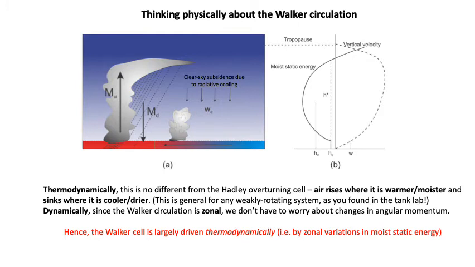So as a result, you can really think of the Walker cell as being largely driven thermodynamically, which is to say by zonal variations in moist static energy and specifically in the boundary layer. So that's what those colors, the blues and reds at the bottom of the schematic, are trying to depict.